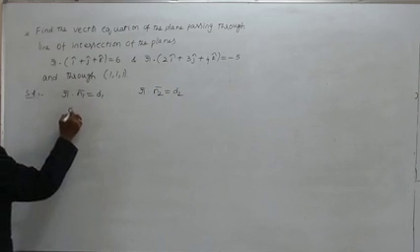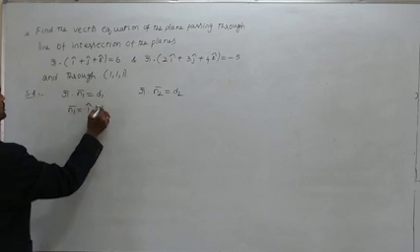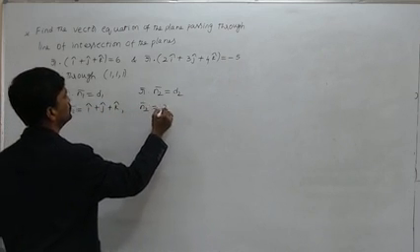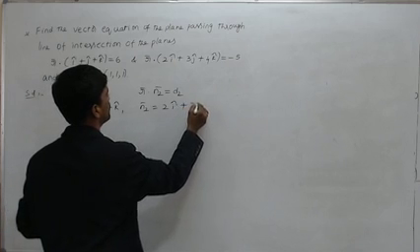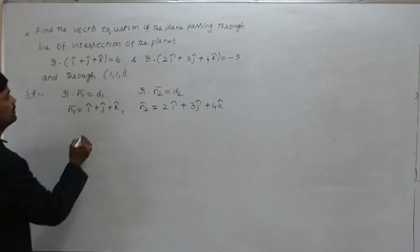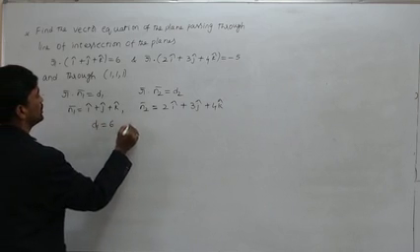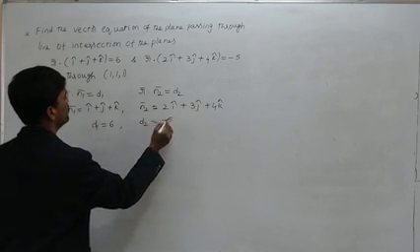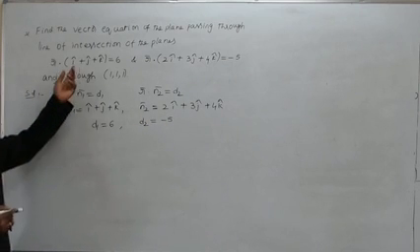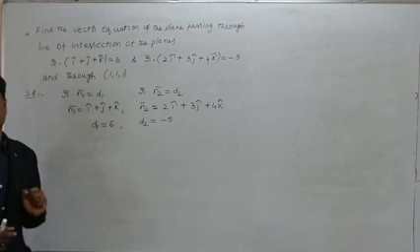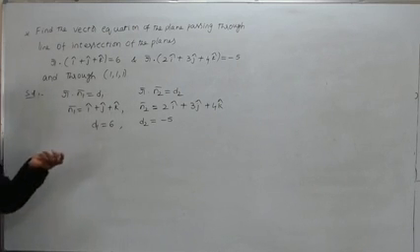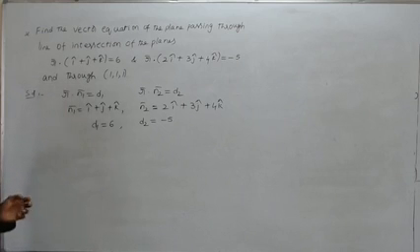Then what you will get? n1 bar is i cap plus j cap plus k cap, n2 bar is 2i cap plus 3j cap plus 4k cap, d1 is 6, and d2 is minus 5. So don't worry about d1, d2 values. If they are positive or negative, no problem, because we are not converting this plane equation into the normal form like r bar dot n cap is equal to d. So don't worry about d1, d2 values. They may be positive or negative or maybe equal to 0.